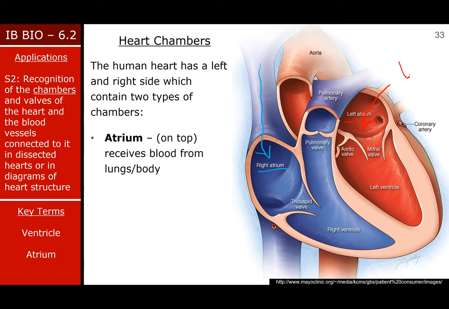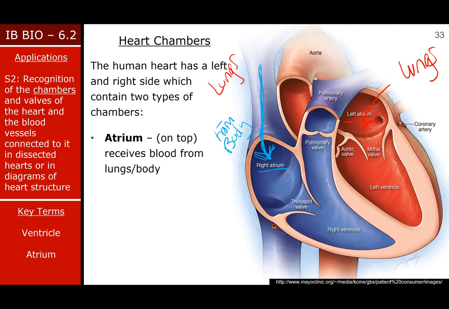So we're going to put lungs, because you have lungs on either side, right? And let's make sure we understand that this is coming from the body. From body, right? So this is lungs. This is blood coming from the body, right?